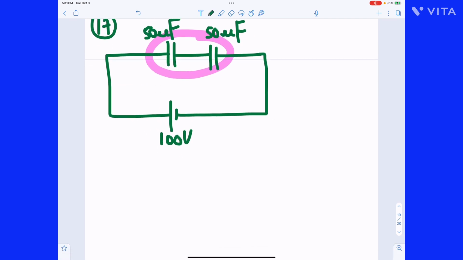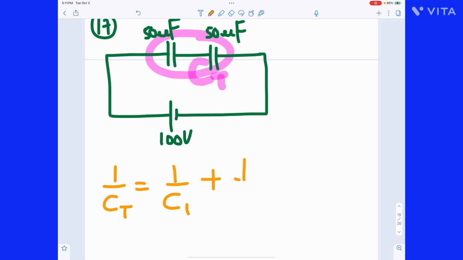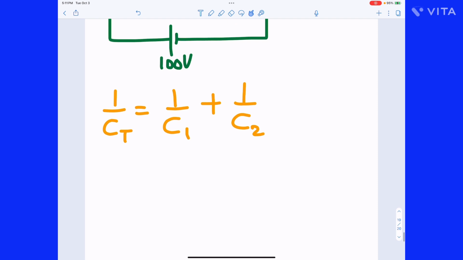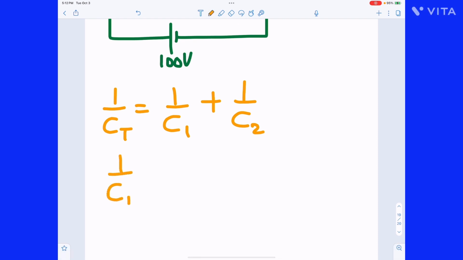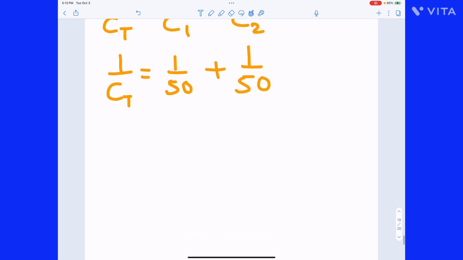Now, first thing we need to do here is to find C total. To find C total, we use reciprocals. 1 over C total is 1 over C1 plus 1 over C2. So 1 over C total is 1 over 50 plus 1 over 50. What does that give us?